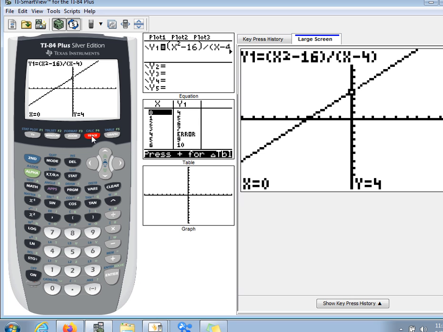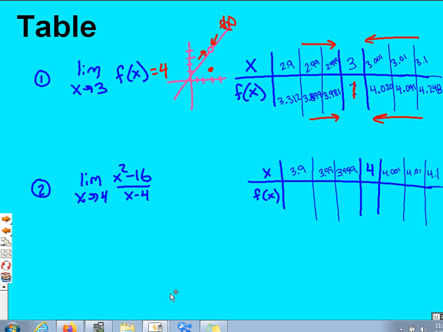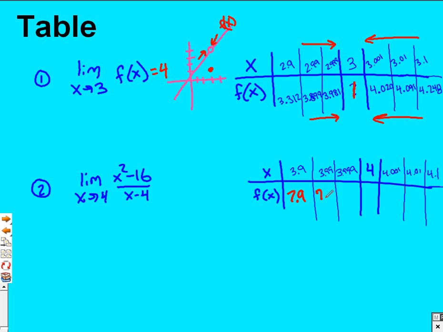All we're going to do is hit trace for each value. I'll type in 3.9, hit enter, and it gives me a function value of 7.9. So I'll write in 7.9. I'll do the same with 3.99, and I get 7.99. And this ends up being 7.999. It doesn't always work that way, it just kind of does here. And these should be, check yourself here, 8.001, 8.01, 8.1.